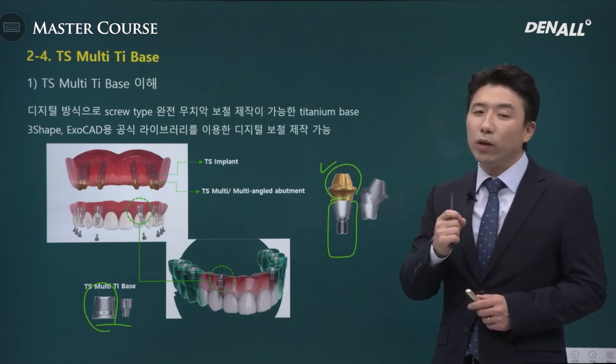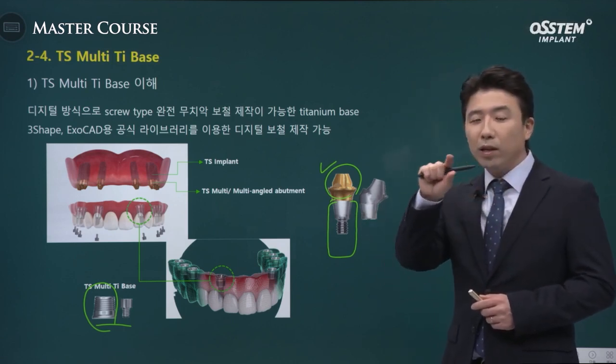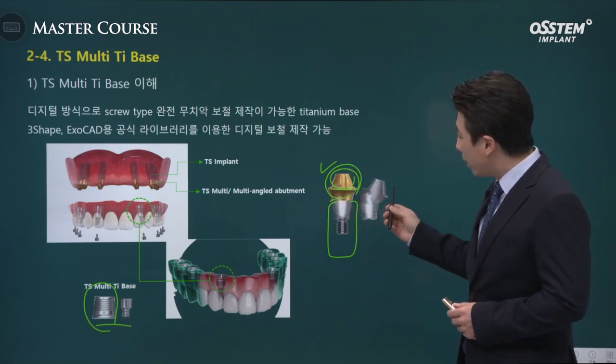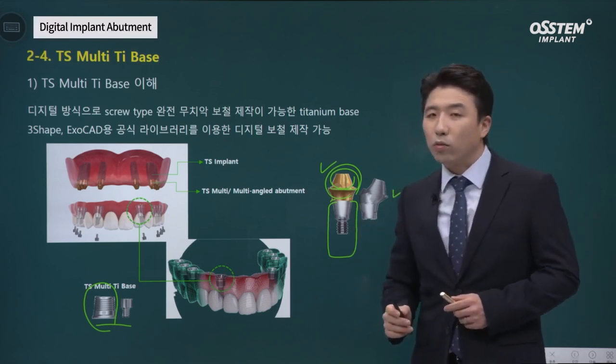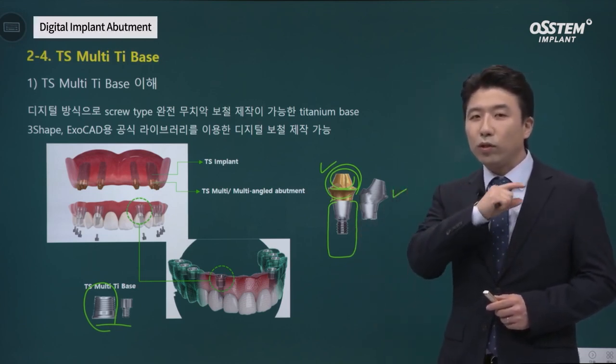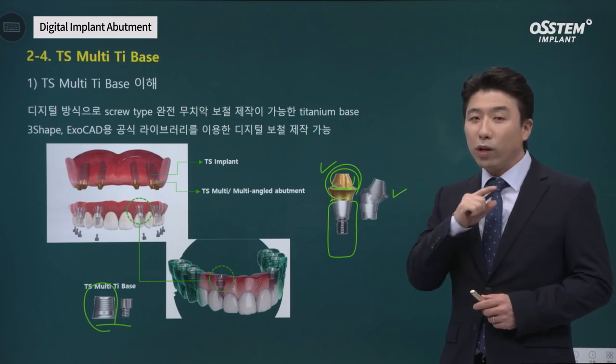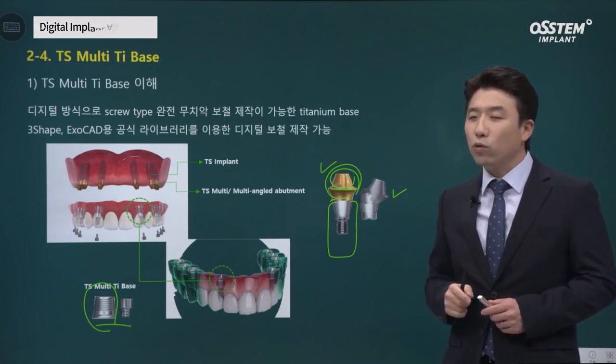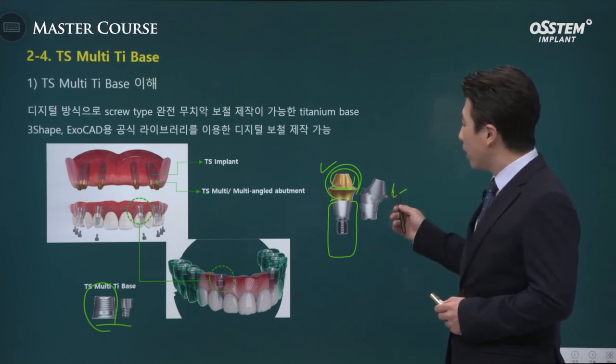Utilizing these, we can add metal structure on top of the multi-unit abutment. There's angled option, be it anterior or posterior area. When we need to provide one-piece restoration for multiple implants, it can be utilized, especially in the anterior zone. There can be placement angles, so we need to use angled abutments.